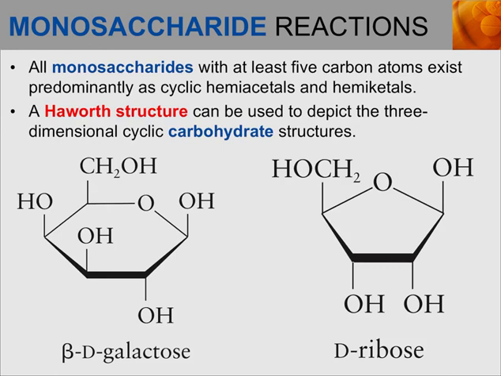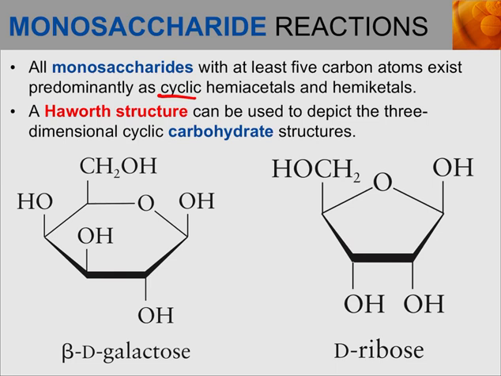All right, so let's talk a little bit about monosaccharide reactions before we go on to the next video. So all monosaccharides that have at least 5 carbon atoms or more exist predominantly as cyclic structures.